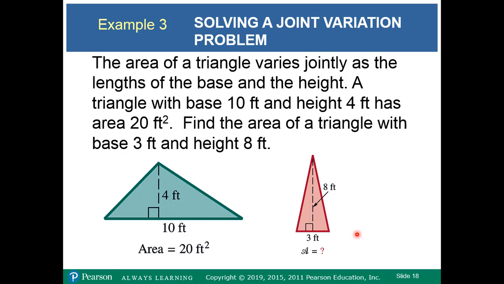Now obviously we can solve this by using the formula for the area of a triangle, but let's use the information and use it as a joint variation type problem.